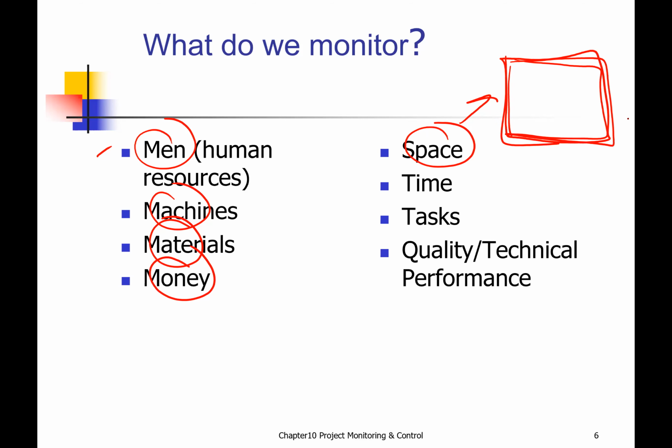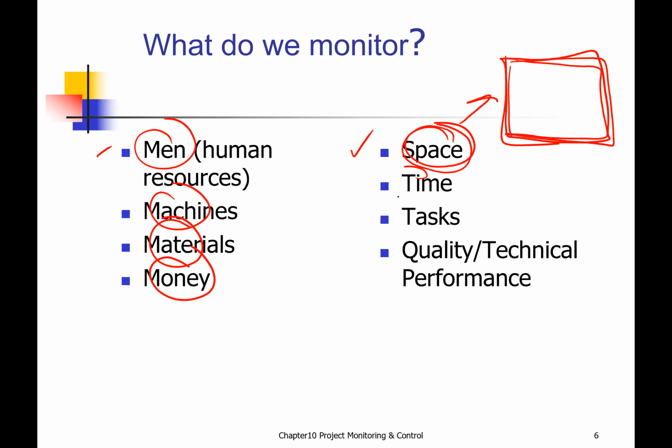Sometimes you are given a very small space, especially when you are working in an urban area, or you have to construct something in the middle of two existing buildings, a very tight spot. But even with that kind of space, we can always manage. That's why we need to plan properly. We need to manage the space so that we put the priority right. So even the space we also need to manage.